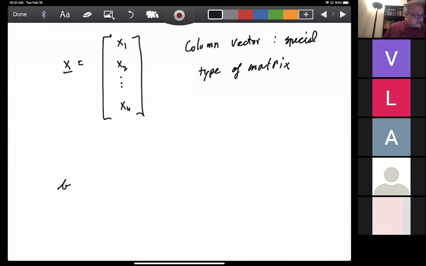And we also had this column vector of coefficients on the right-hand side of the equations.